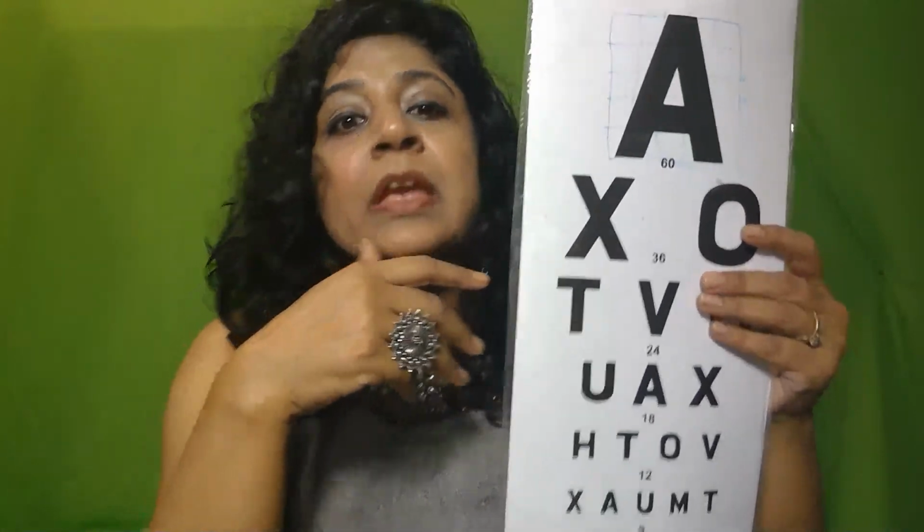Difference between defective and diminished vision. Yes, defective vision and diminution of vision, there is not much difference actually. But हाँ थोड़ा सा quantity का difference है. When there is just a small amount of vision loss, then we say that the vision is defective, and when it is gross, then we say it is the diminution of vision.